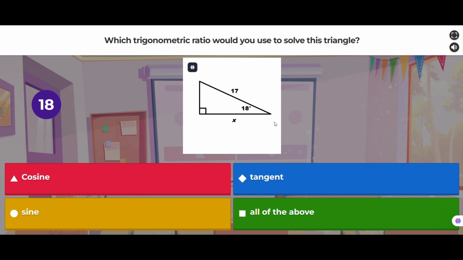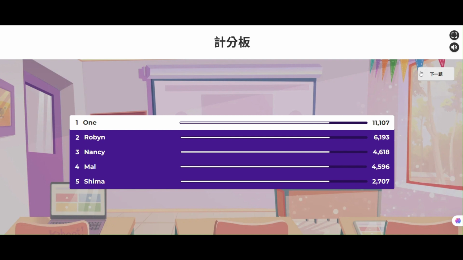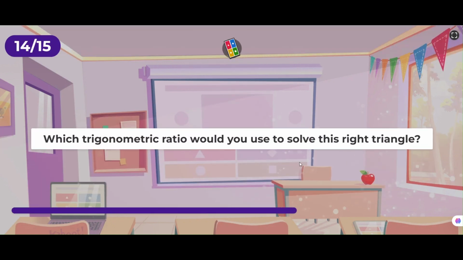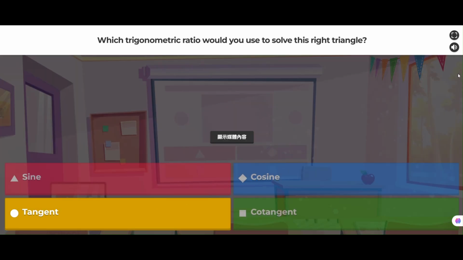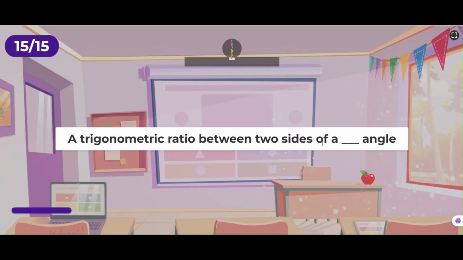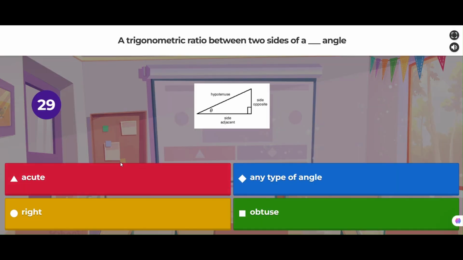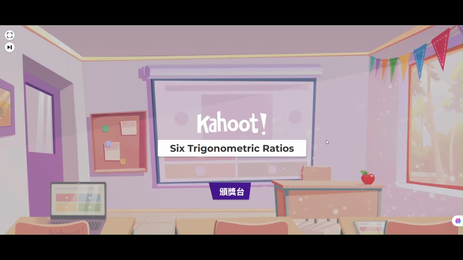Is it cosine, right? Solve this right angle. We have the angle here, so it's opposite side over adjacent side. It's tangent. Then the final two sides of a right angle. Yeah, we have all right.